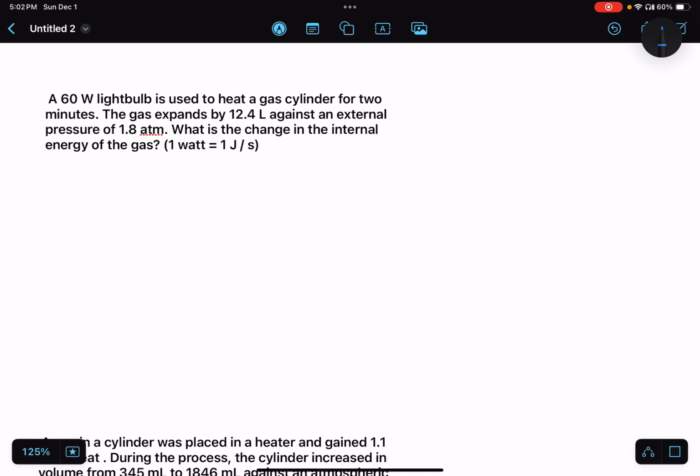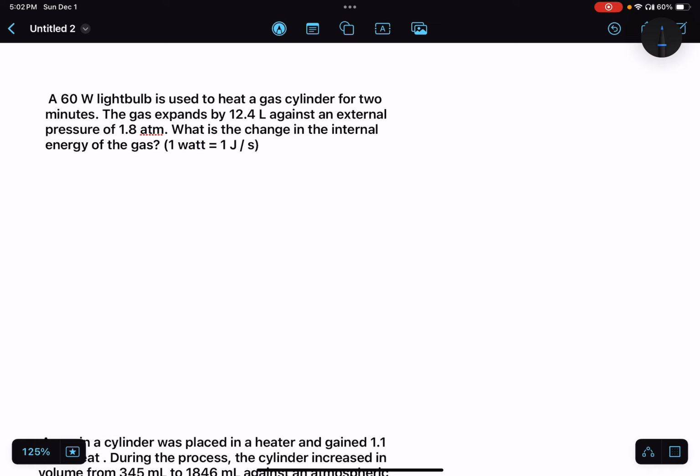Number 5. It says a 60-watt light bulb is used to heat a gas cylinder for 2 minutes. The gas expands by 12.4 liters against an external pressure of 1.8 atmospheres. What is the change in the internal energy of the gas? Before we get started, we see 1 watt equals 1 joule per second.